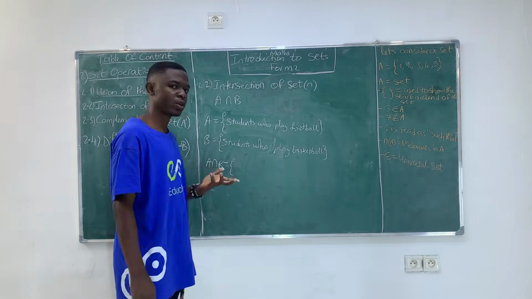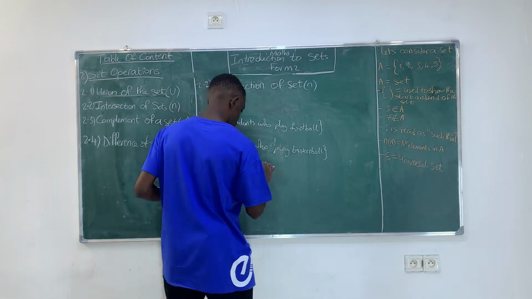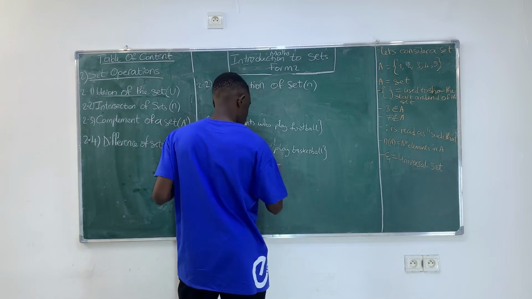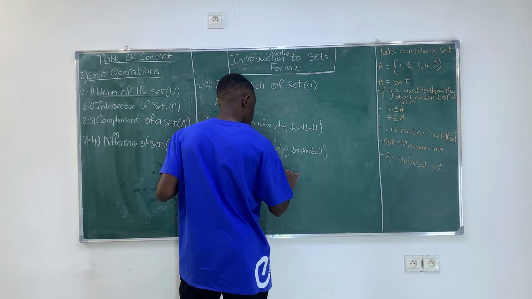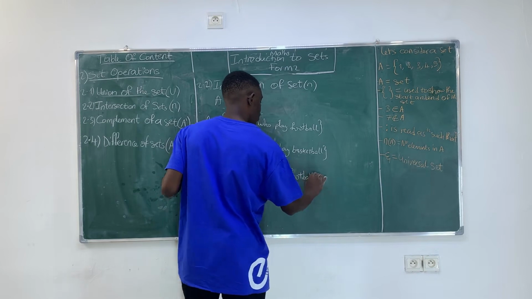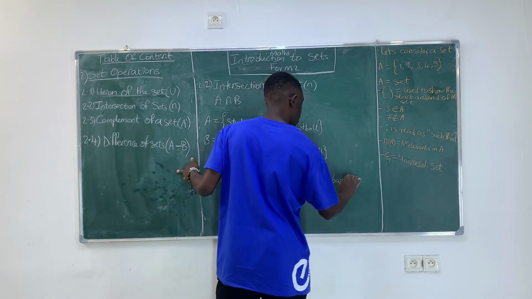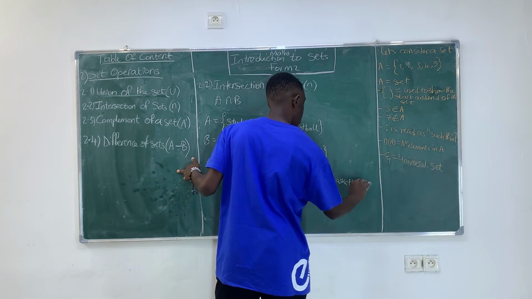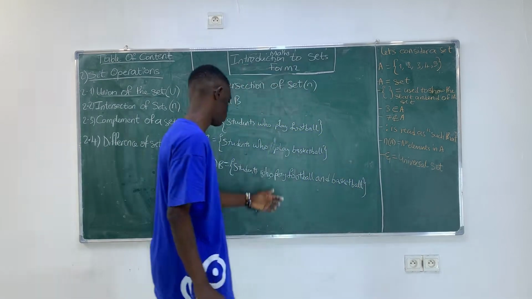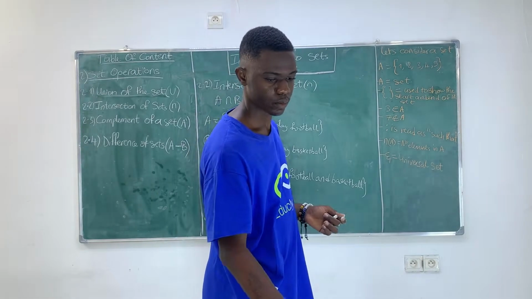So that is just what you are going to write: students who play football and basketball. That's A intersection B.